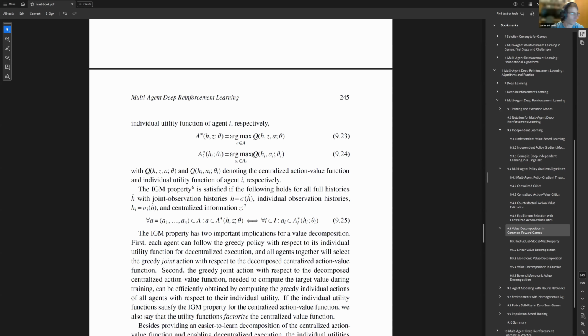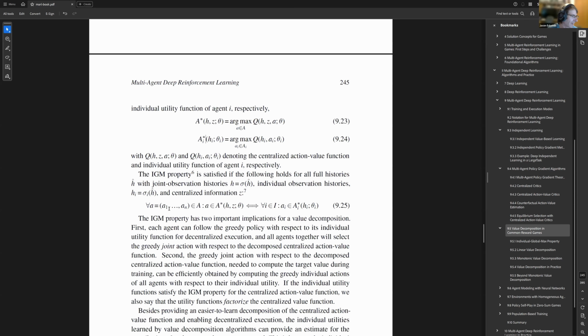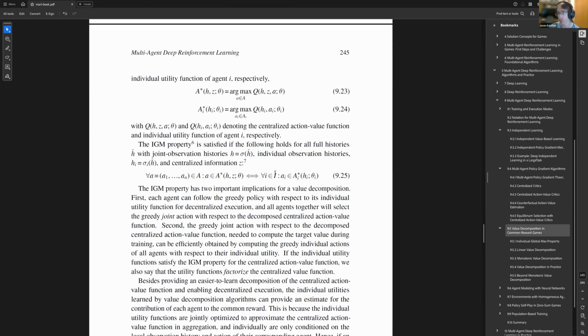The equivalence is that the true joint action value function has some joint action that maximizes it, and the individual utility functions each separately have their own maximizing action. And the IGM property states that those two things are equivalent.